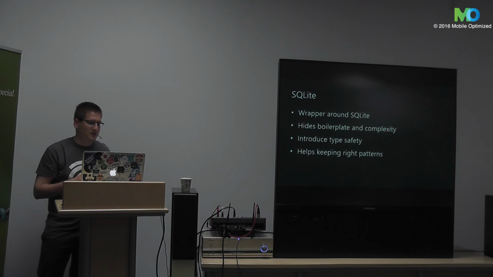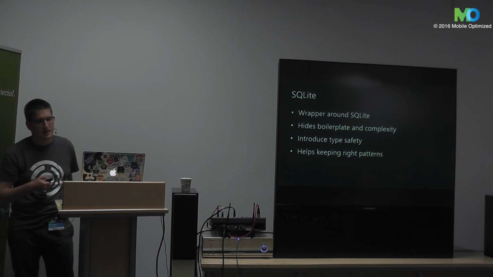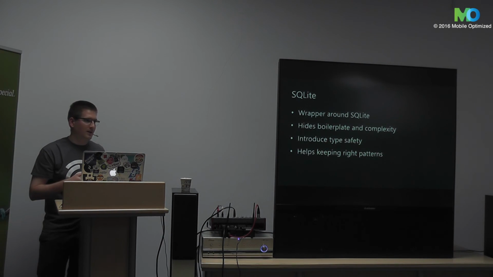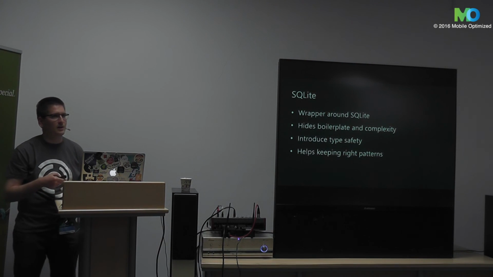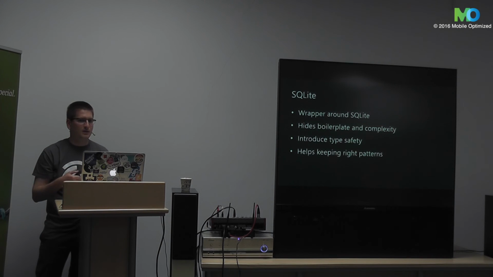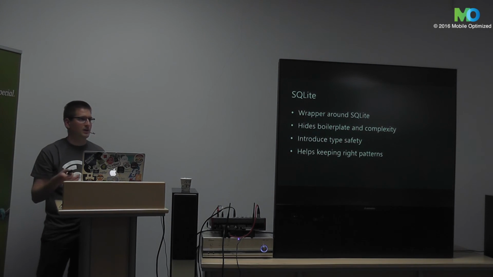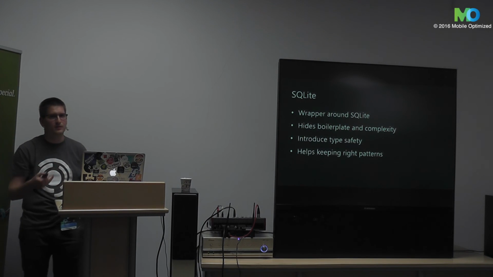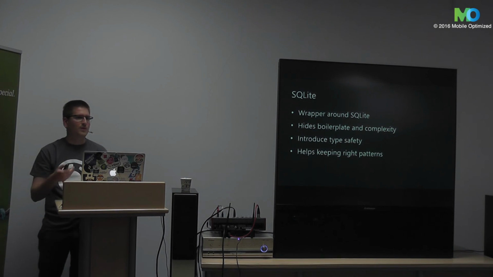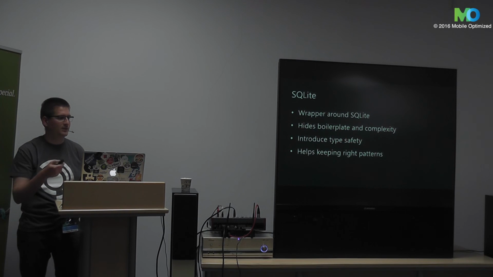And it actually helps keep the right patterns by providing these lambdas with receivers, so you can just write your code, and you can be sure that when you open your data connection, you actually close it in a finally block, but you don't have to write the try finally block over and over again, because it is done by this framework.